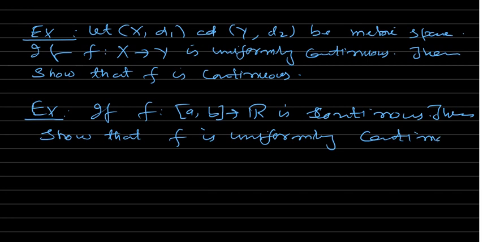Every continuous function on a closed interval is uniformly continuous; this you have to do. We will do the general case later, at the end of this lecture series, in which we will show that every continuous function on a compact set is uniformly continuous. The closed interval is a particular example of a compact set. So you will do this one: if f is continuous on closed interval [a, b], then it's always uniformly continuous.